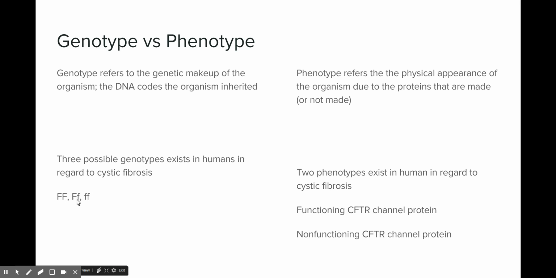Someone who is big F, little f inherited one functioning version of the gene from one parent and a non-functioning version of the gene from the other parent. In terms of phenotypes, the phenotypes that exist in humans are either individuals have functioning channel proteins and are healthy in regard to this particular disease, or individuals have non-functioning CFTR channel proteins and they have cystic fibrosis.